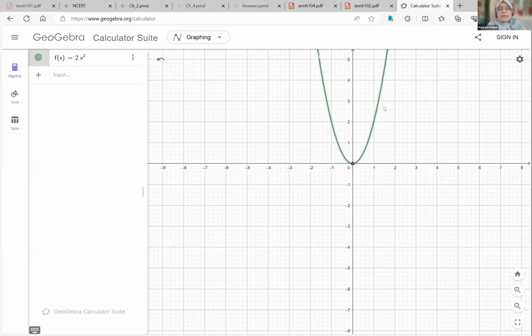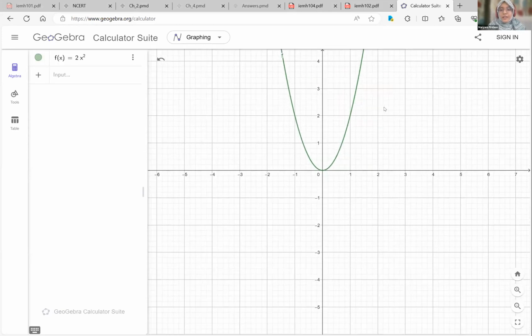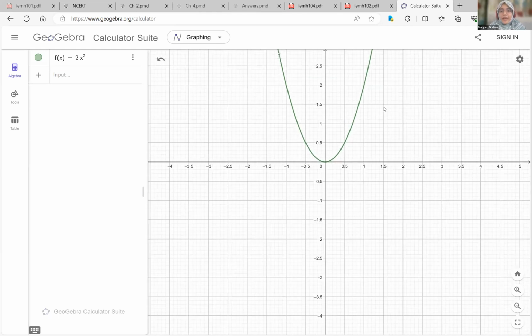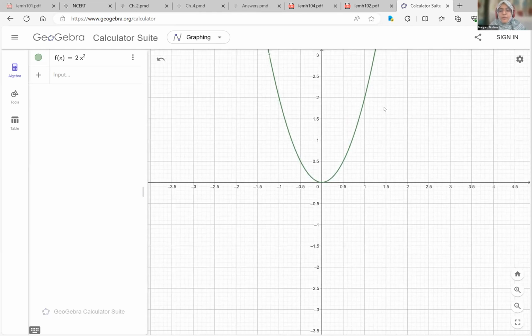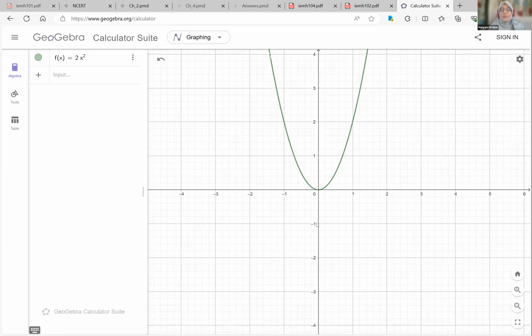Can you tell me for which point or for which value of x is the value of y 0? See, over here it's written f of x. Can you see on the left hand side of the screen? Right? F of x, because it is a polynomial.